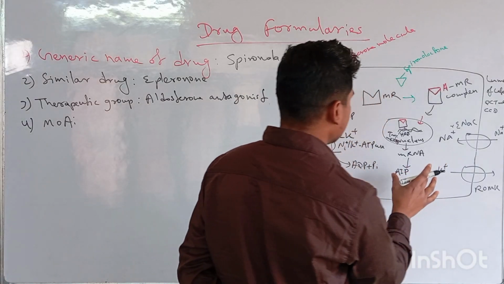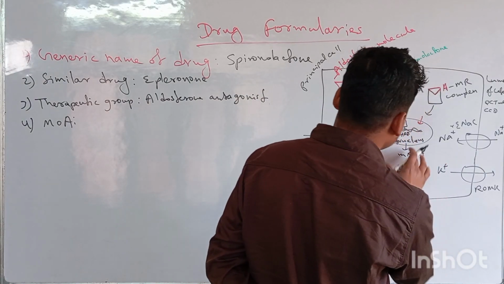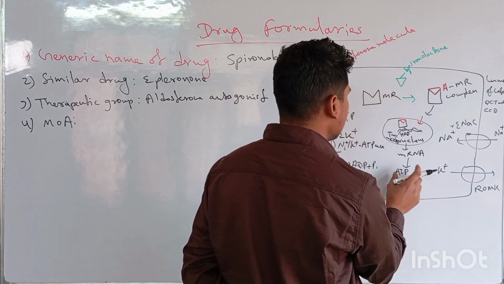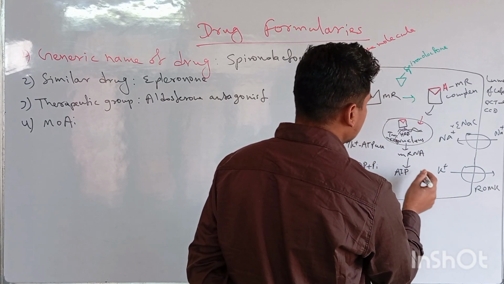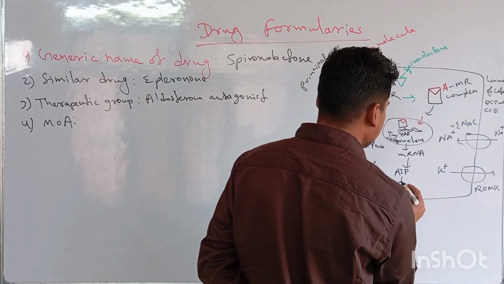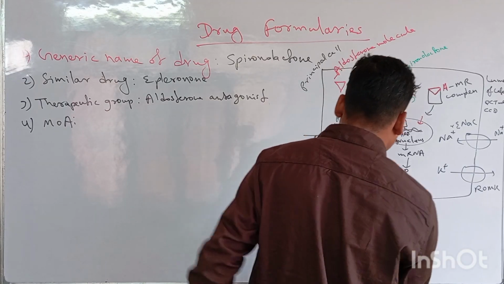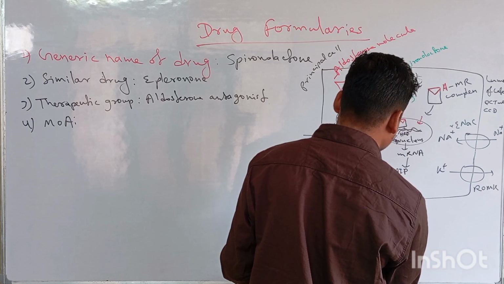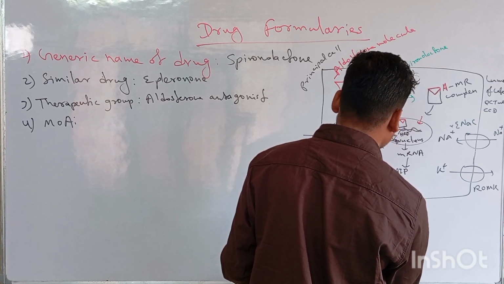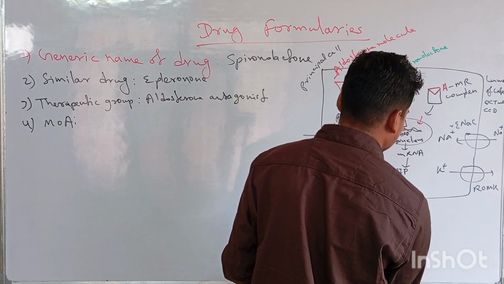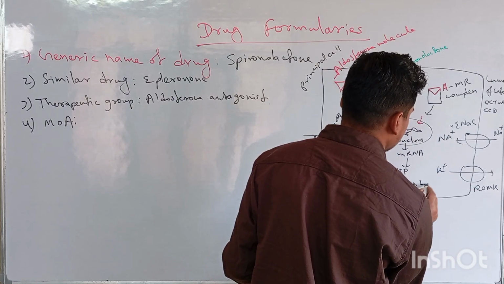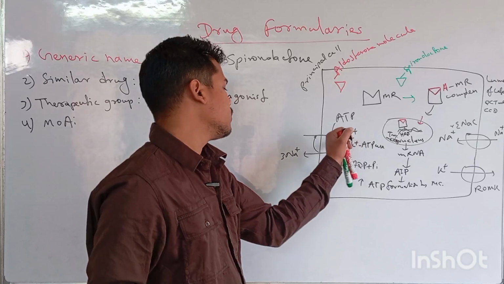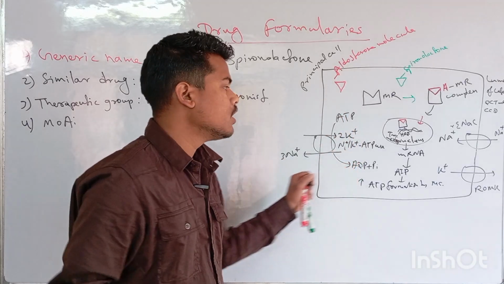This is the basic mechanism. This AIP will also induce energy generation by mitochondria, increased ATP formation, because energy is needed here.